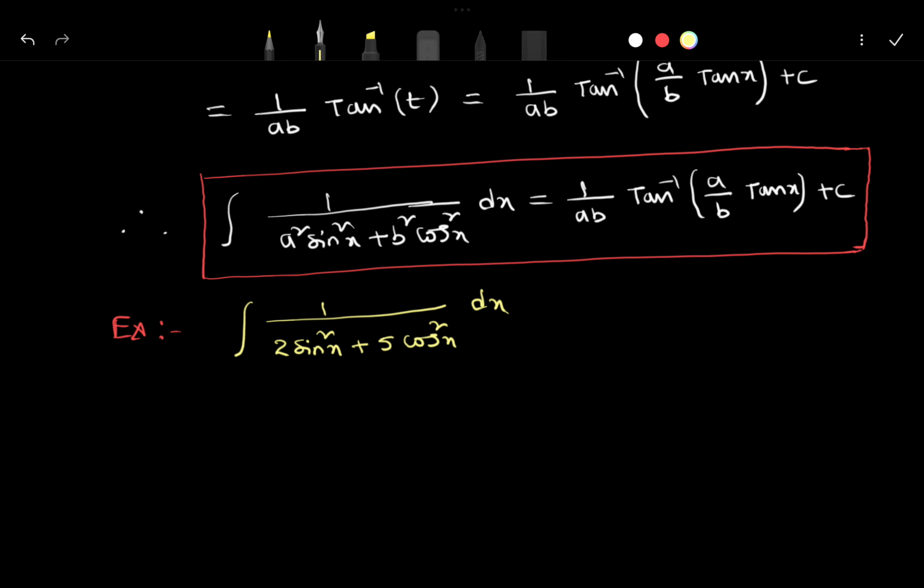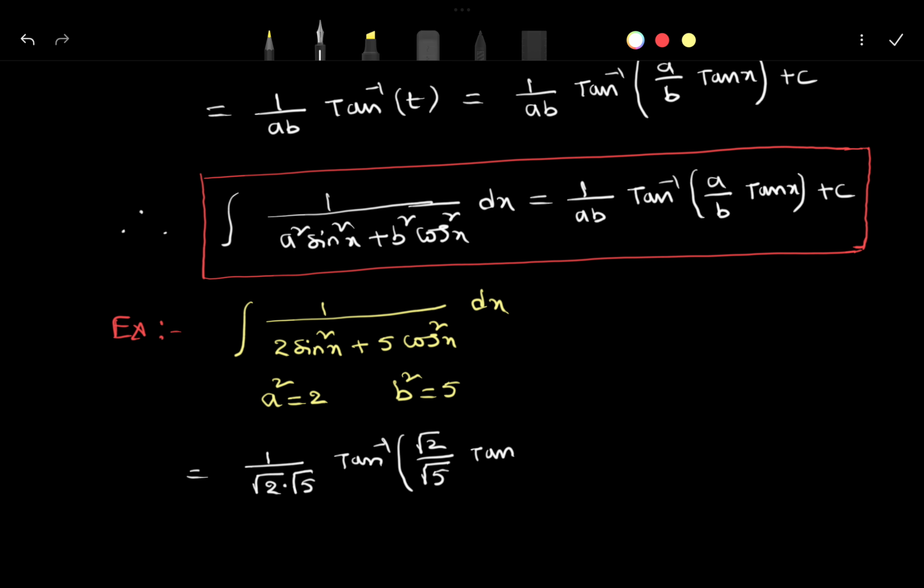Now by comparing with the above result, a square is equals to 2 and b square is equals to 5. So now a value is root 2 and b value is root 5. So therefore by applying this formula, 1 by a into b, root 2 into root 5, into tan inverse of a by b, a value is root 2, b value is root 5 into tan x.